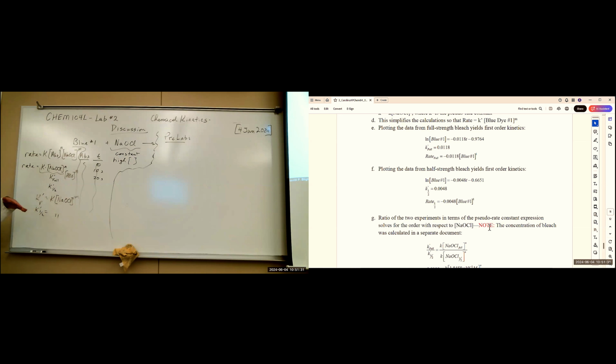You ratio the two, like we did with our experiments in determining. And then you ratio these two concentrations, which will be different values. The K's cancel because they're the same value. These values combine to the M power, and you can deduce the M value from that.